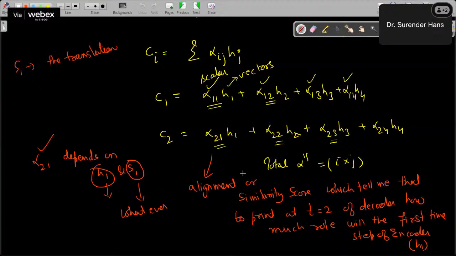So now I explain the meaning of this alpha ij. That is a similarity score.